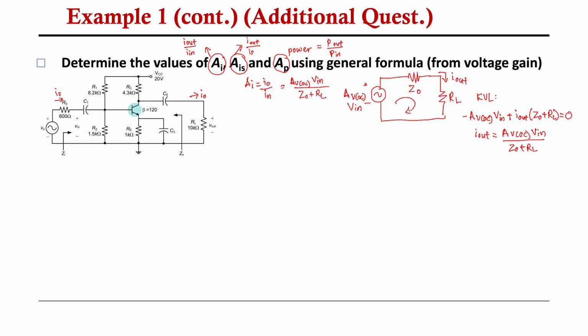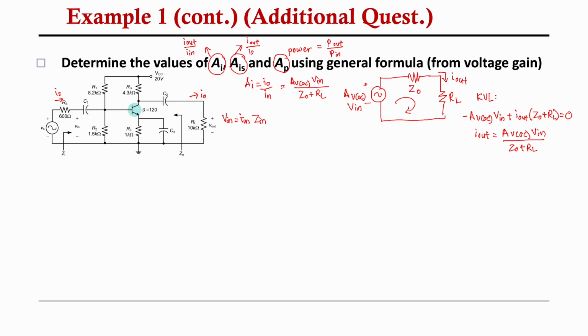Now how about the value of I in? For I in, V in is equal to I in multiplied by Z in, right?